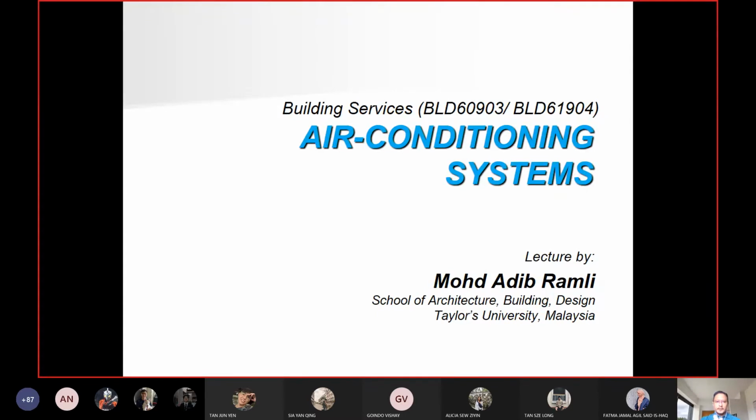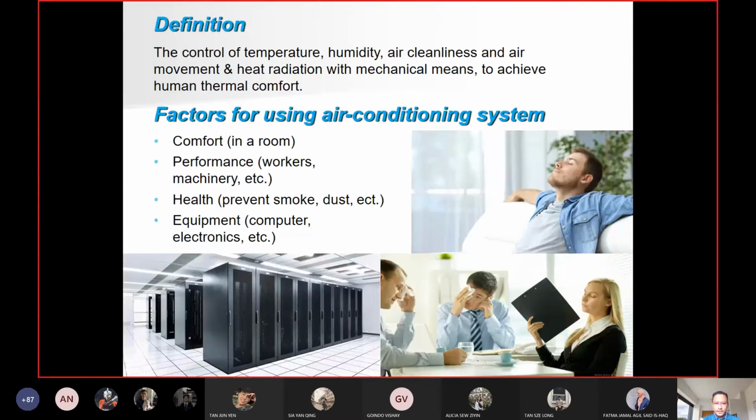All right. The definition of an air conditioning system is different from mechanical ventilation. In ventilation, you just distribute the air: from the outside you bring it into the inside, and from the inside you remove the air to the outside, circulating the air inside the space.